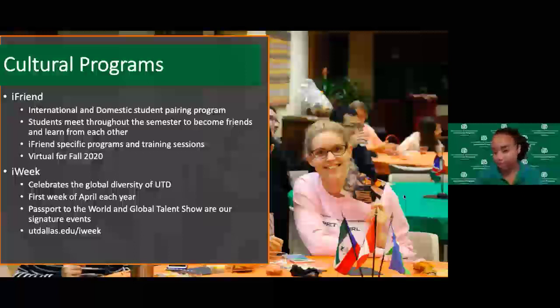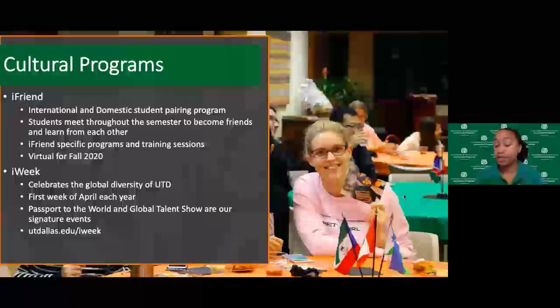I mentioned cultural organizations earlier, and I'm mentioning them again because their contributions to supporting international students are immeasurable, so we work with them a lot. Passport to the World is like an expo where each cultural organization sets up a booth or a little area, and they get to display various aspects of their cultures, including food, clothing, traditions, and events. It's beautiful to see.